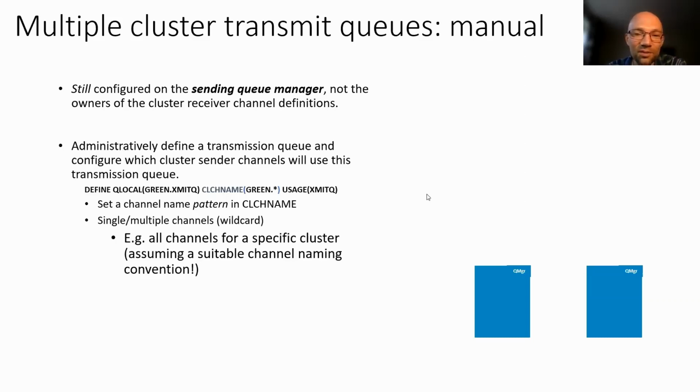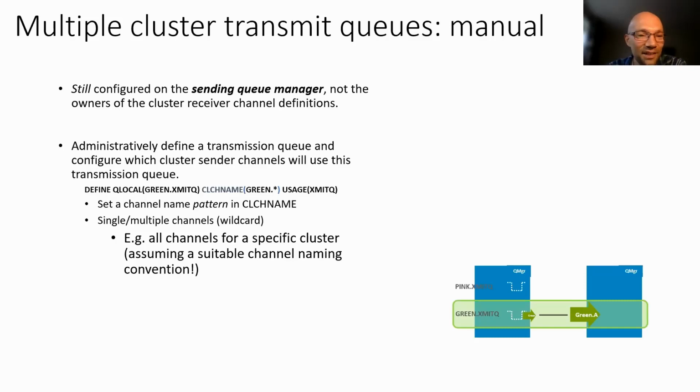And if you use a good naming convention for your cluster channels and your clusters, then you can achieve things such as, for example, having a specific transmission queue for each cluster. So we have, in this example, a green.xmit queue, which is used by all cluster channels that start with the word green.